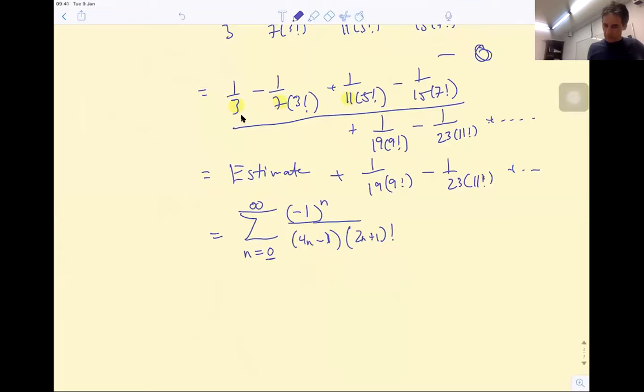Okay, so let me just recap that, make sure we got this right. Yeah, 0 gives me a 3 here, but it gives me a 1 factorial there. And this starts off positive. The next time, when n is 1, we're going to get 8 minus 1 is 7, that's correct.